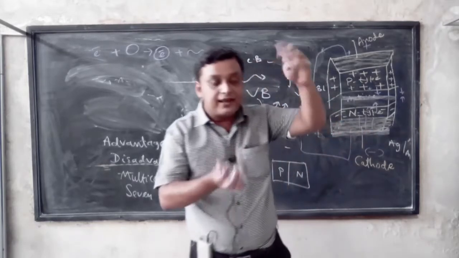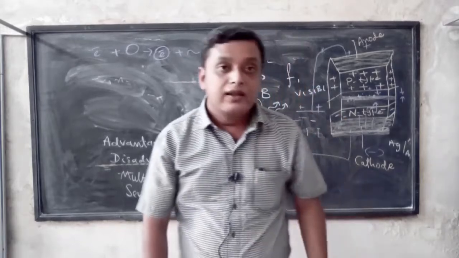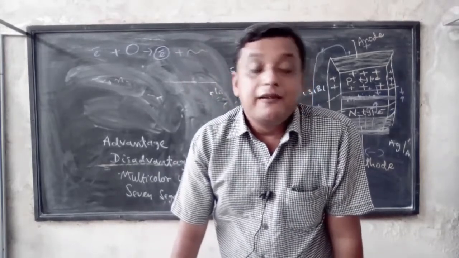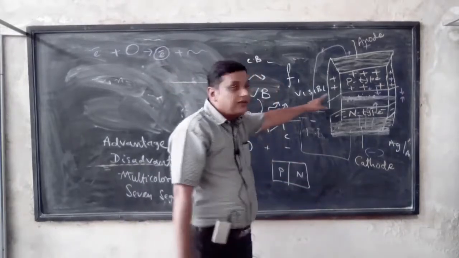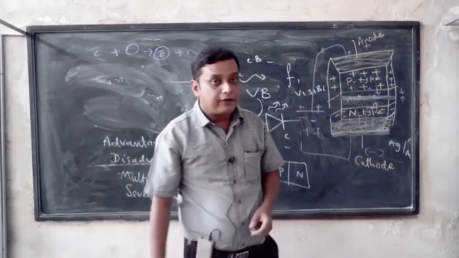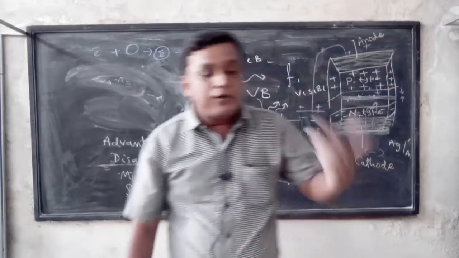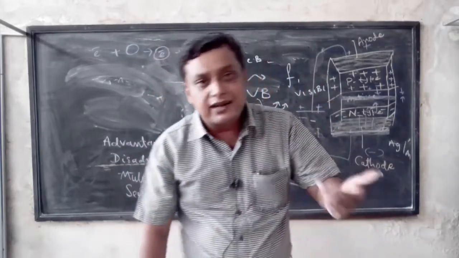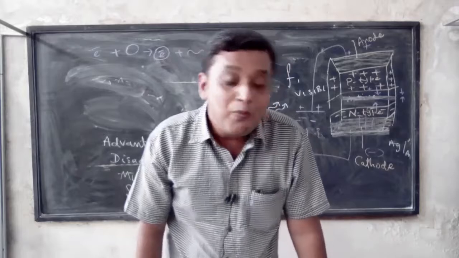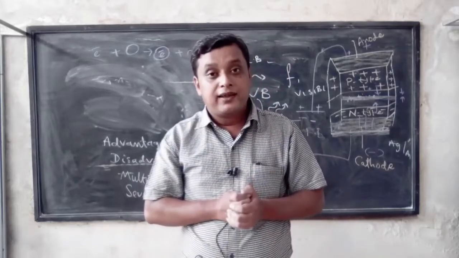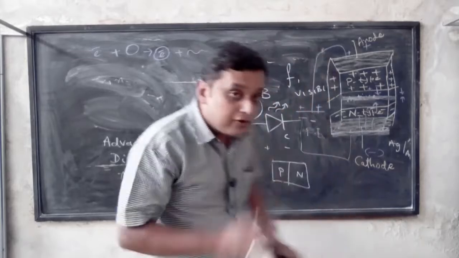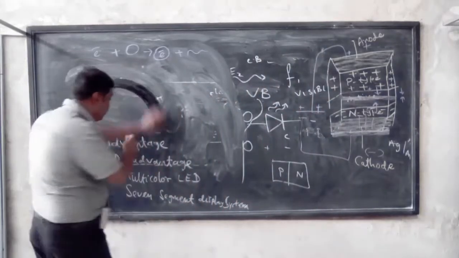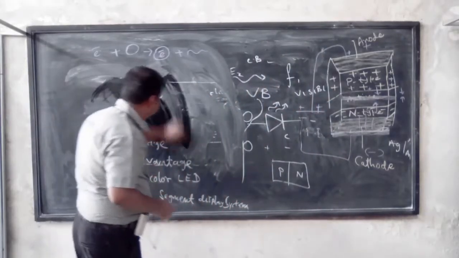So these are the basic requirements which are used in the construction of the light emitting diode. Both requirements will lead us to achieve more and more light generated by this light emitting diode. So this would be the construction as well as working.